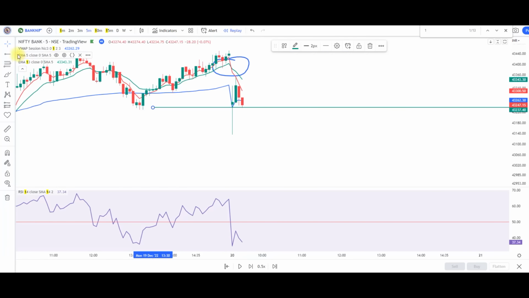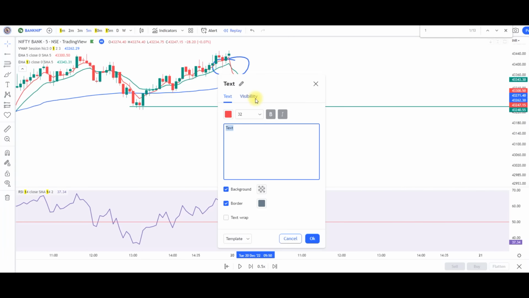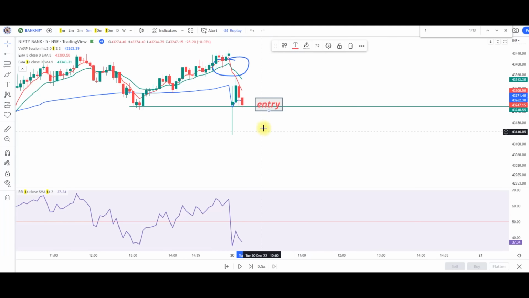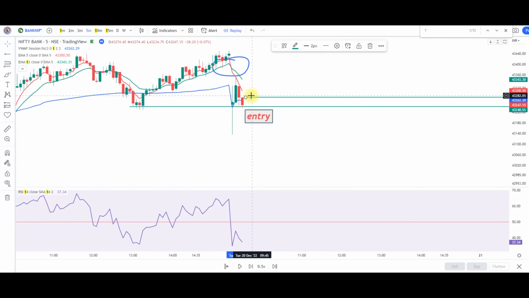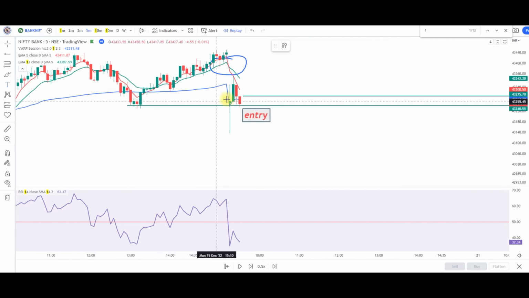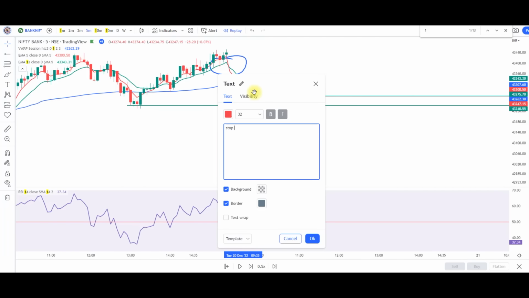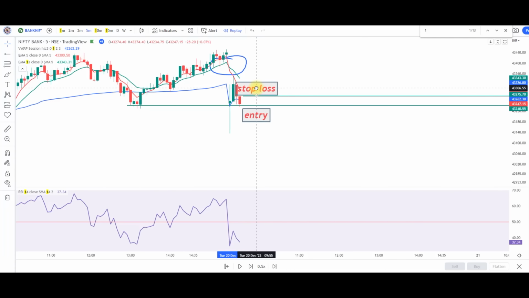Here is the entry. The entry for the sell side is below this candle, and the stop loss is above this red candle.